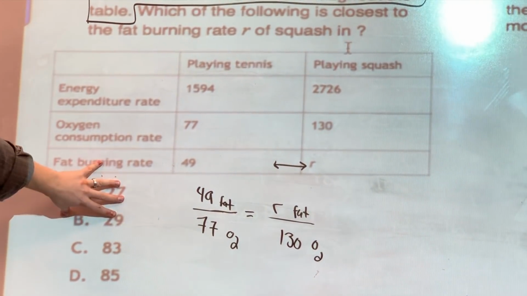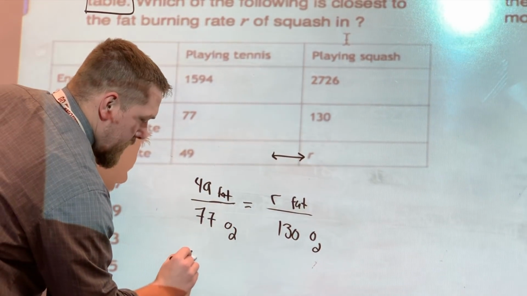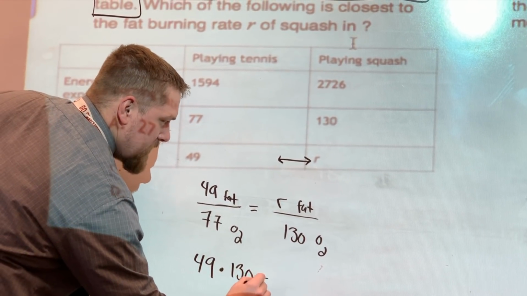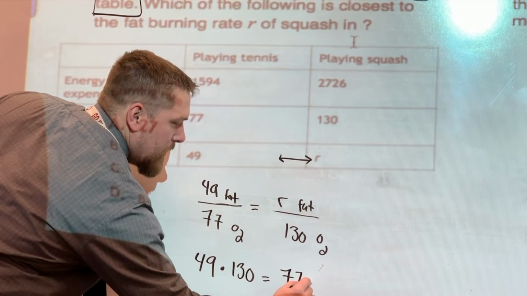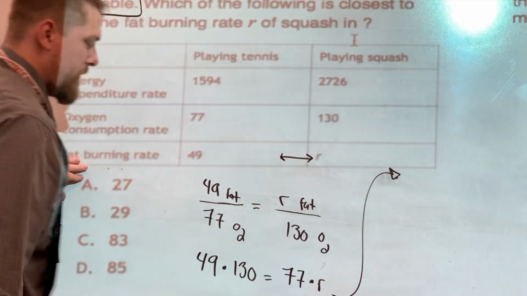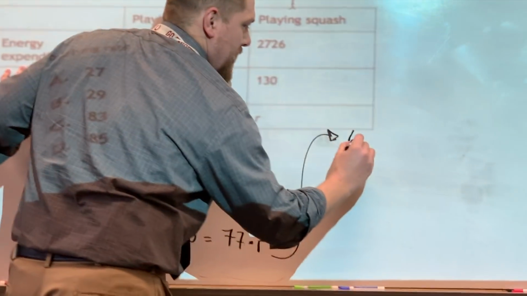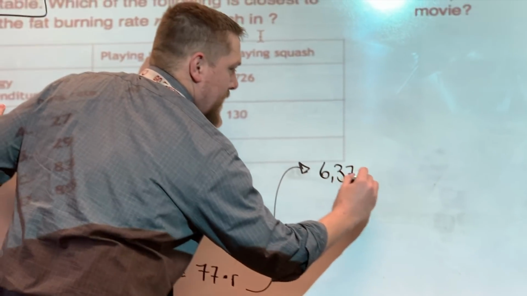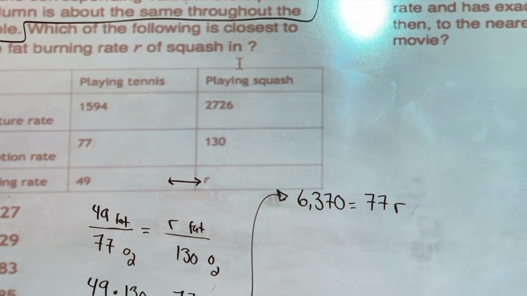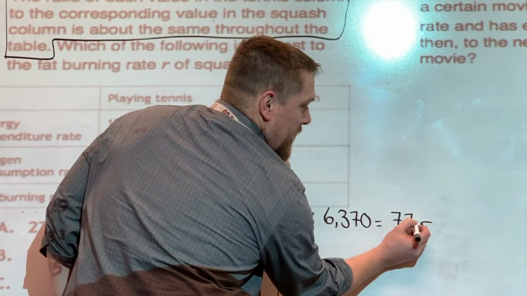At this point, you use your strategy of cross multiplication to help you solve this. So you end up getting 49 times 130 is equal to 77 times R. I'm going to bring this up over here because we're running out of room. So when I multiply these two together, I get 6,370 is equal to 77R. At this point, the R is not alone, and it's being multiplied by 77.